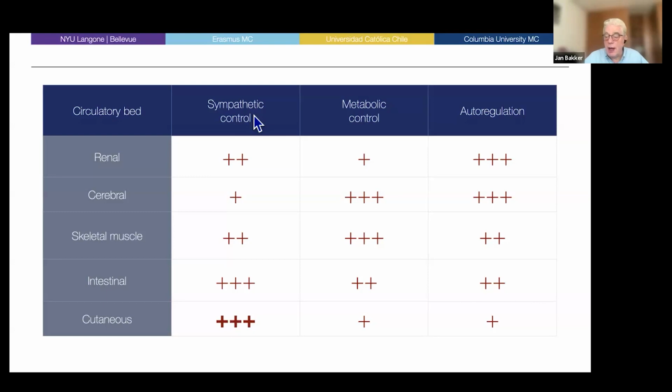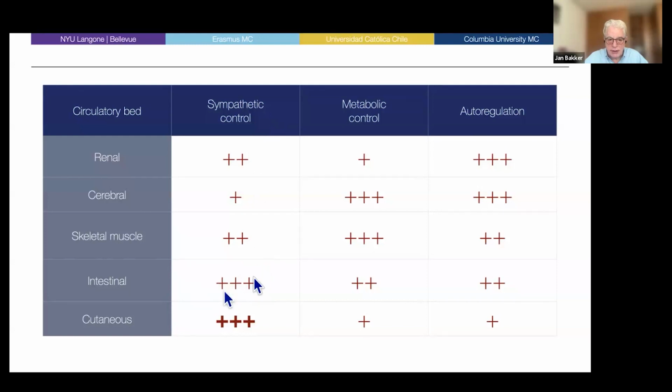That's the first thing that will happen if you start bleeding or if you have a myocardial infarction. Your sympathetic nervous system gets activated to maintain your blood pressure, basically maintain your blood pressure by vasoconstricting the not very essential areas.